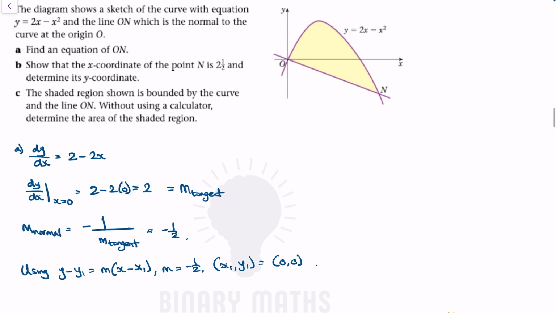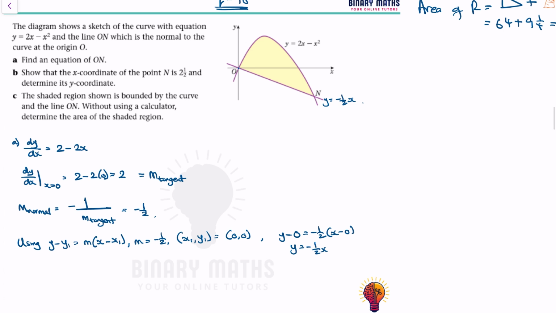So that means y minus 0 is equal to minus a half times x minus 0, which means y is equal to minus a half x. So that was part A done. Part B now.